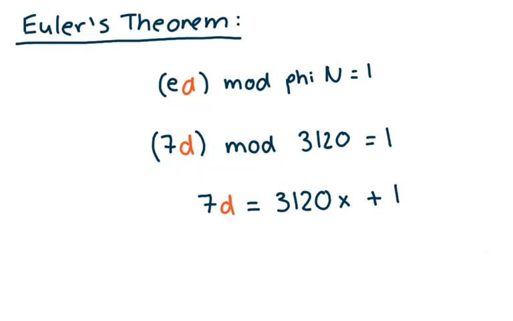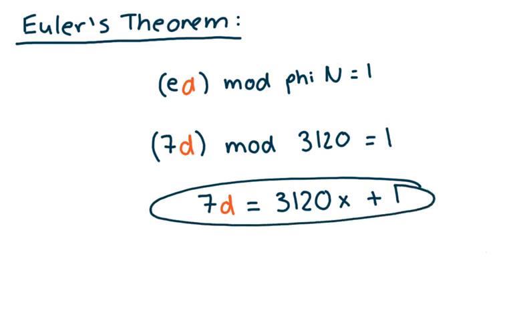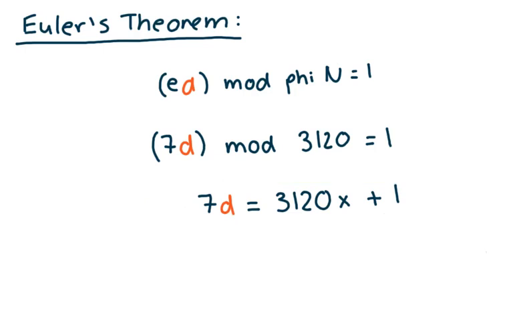So the neat thing is that we can make this idea that we used to solve for D as an integer generic, and we can make that apply to this whole equation E times D mod phi n is equal to 1 when we're trying to solve for D. We can say that E times D is equal to phi n times some integer that we don't know, x, plus 1.